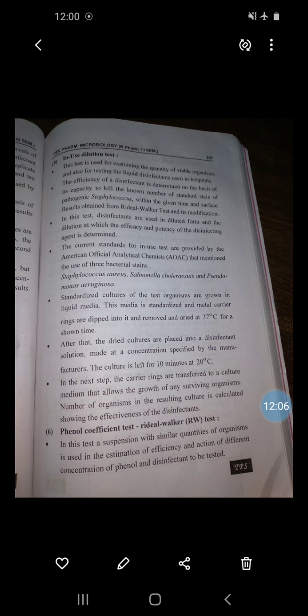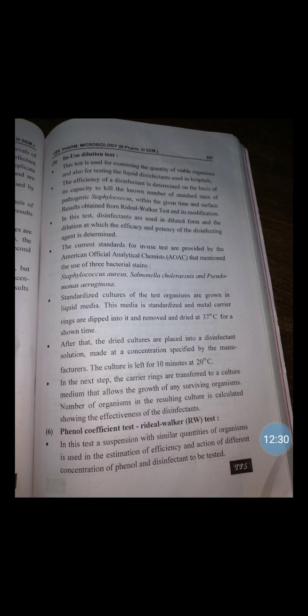Then the efficiency of the disinfectant is determined on the basis of its capacity to kill a known number of standard strain of pathogenic Staphylococcus within the given time and on the surface.